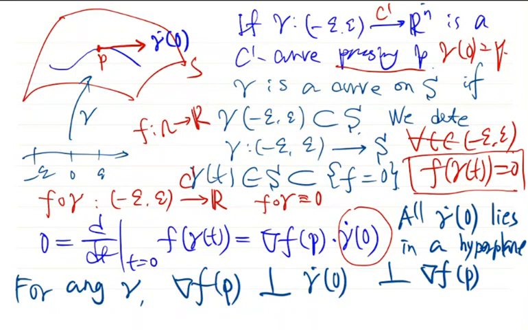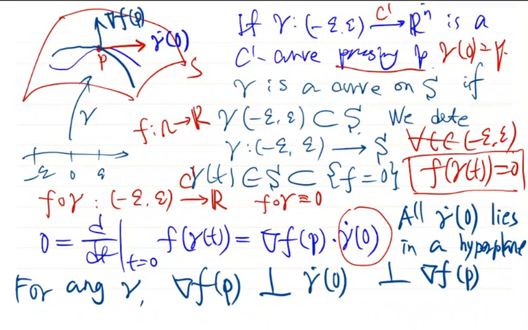Because the inner product is 0, our gradient is a vector which is orthogonal to the tangent vector of any curve on the surface passing through P. You consider another curve, maybe here, then the tangent vector is here.